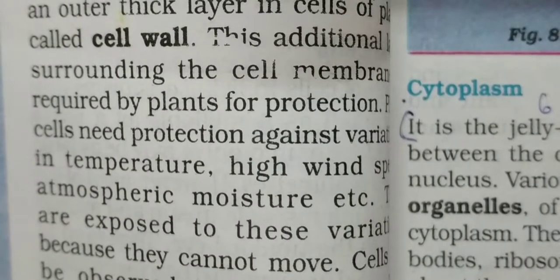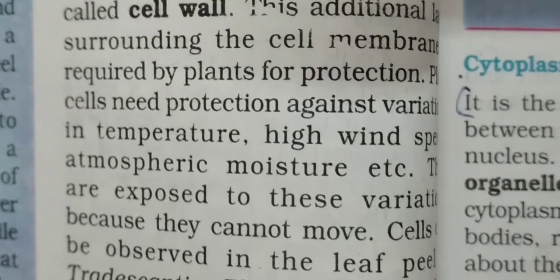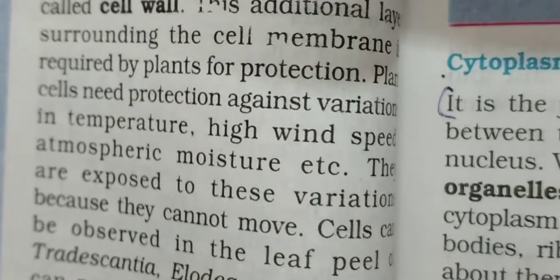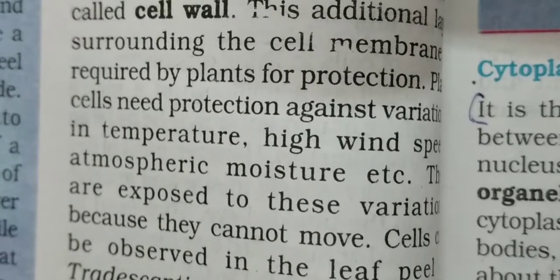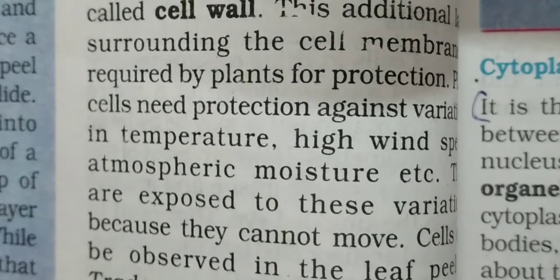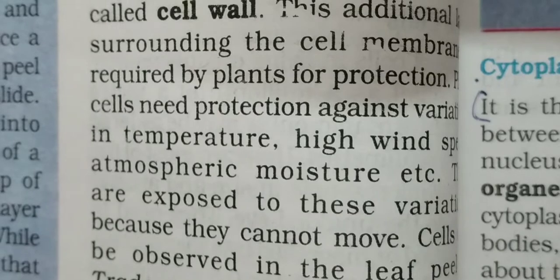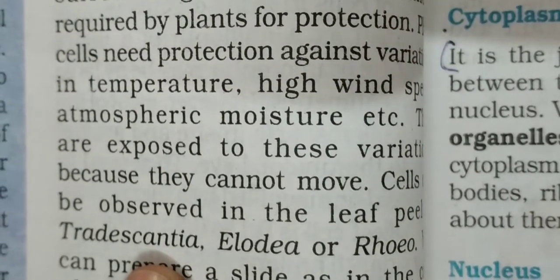Plant cells need protection against variation in temperature, high wind speed, atmospheric moisture, etc., because they are all the time exposed to adverse climatic situations, whereas we animals can run and hide ourselves in protective places.